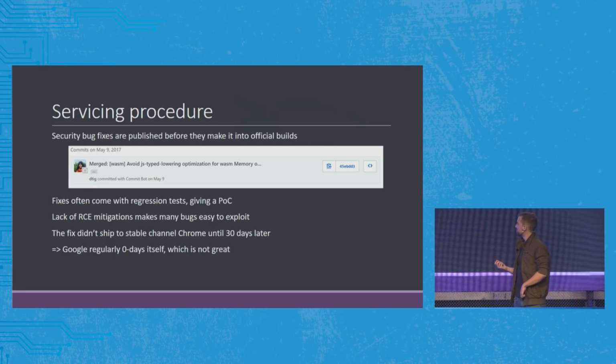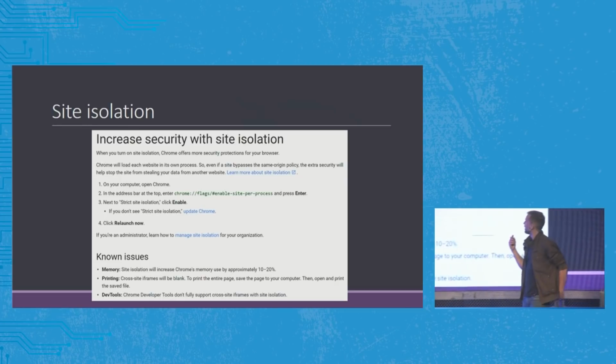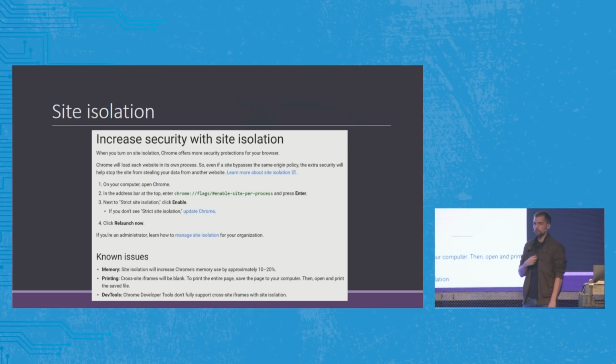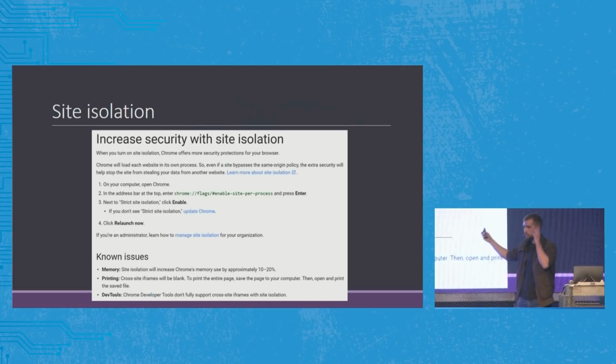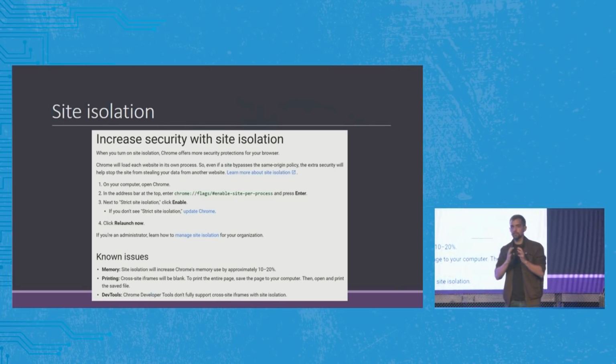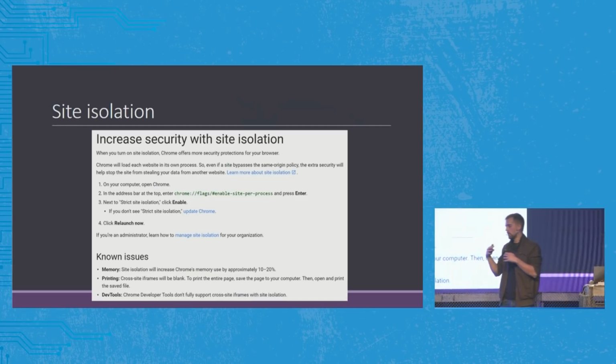So not great. Beyond that, I do want to point out that Google has been working on site isolation for a while. They are shipping this as I'm speaking right now. Basically, site isolation means that this kind of attack would not be possible anymore. You would have a single process per tab, per origin, really.